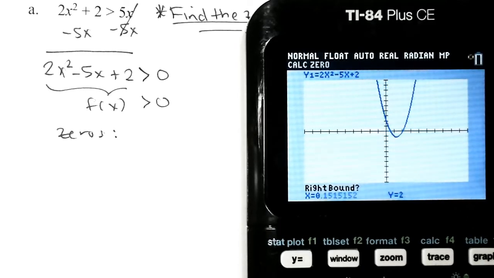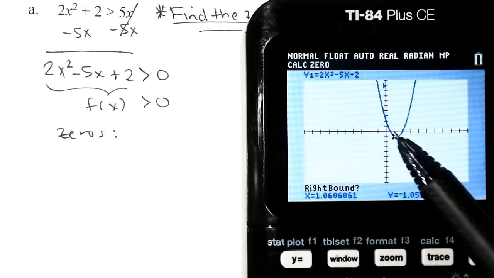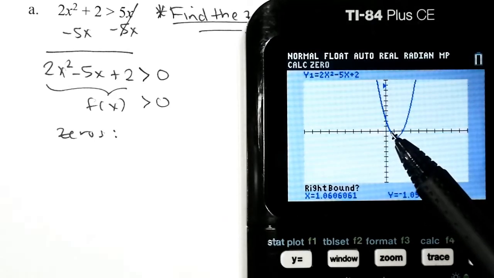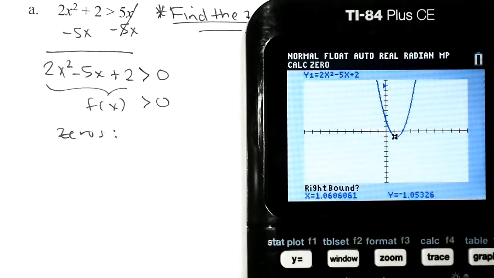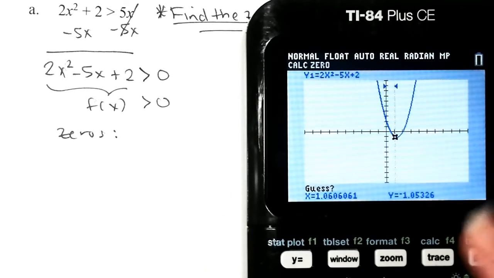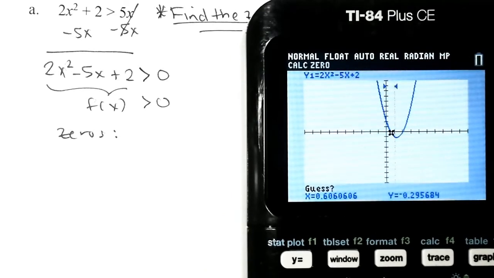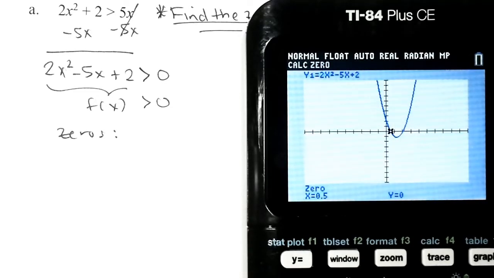Right bound. Move the cursor anywhere to the right. I think we are to the right. The zero is there, and the cursor is to the right. Enter. Guess. You can just hit enter again, or if it brings you peace of mind, then just go ahead and move the cursor closer to where the zero is. Okay, so in this case we get 0.5.